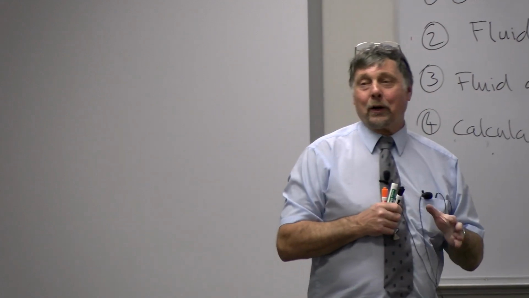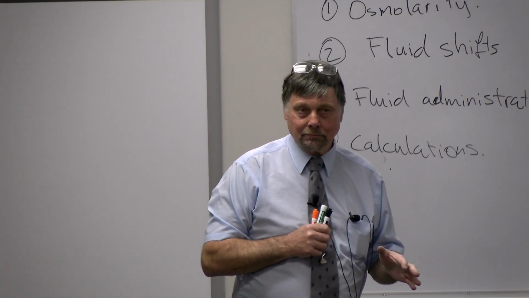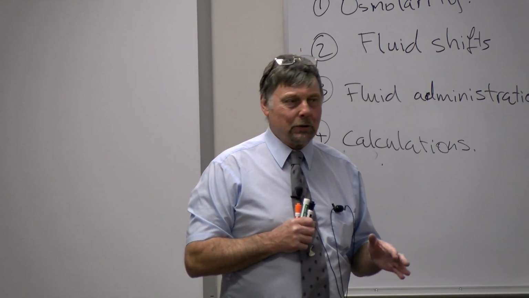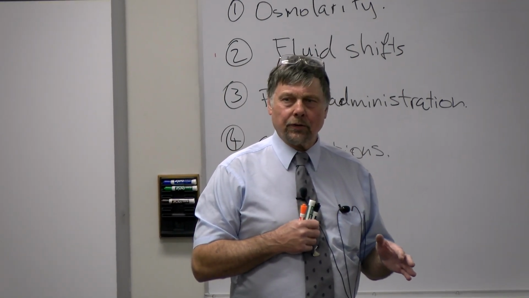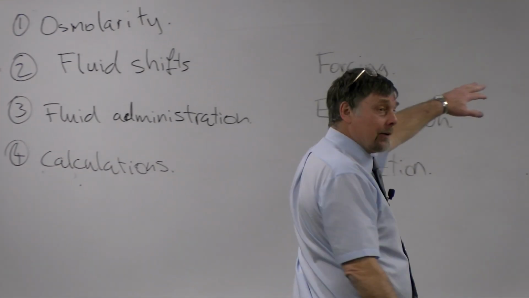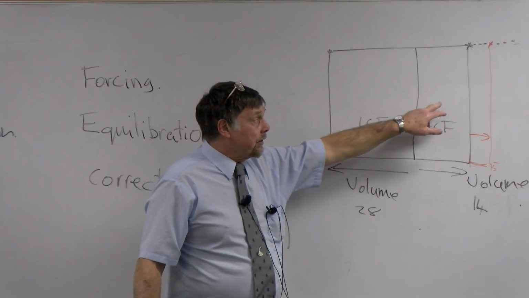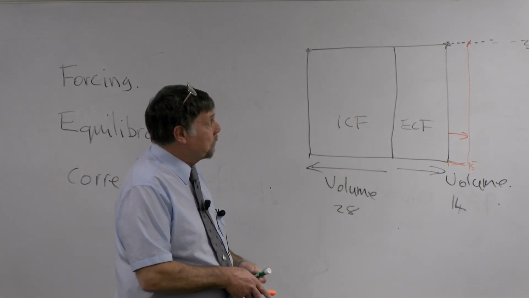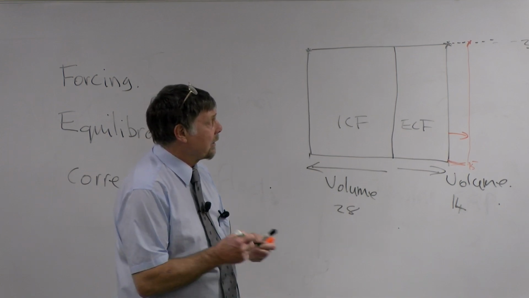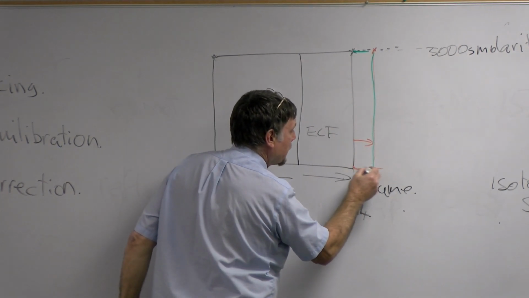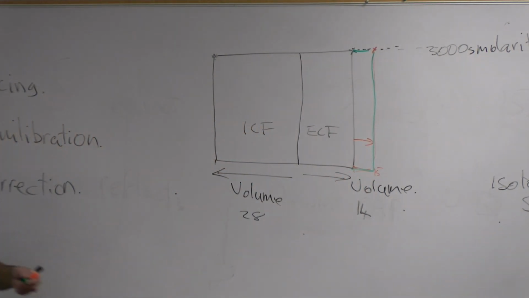Now we've got an equilibration phase. Except that, which way should water move across the membrane? Nowhere, because it's in perfect balance already. So this is not only the initial insult, but it'll also be the final equilibrium position, like so. Okay?